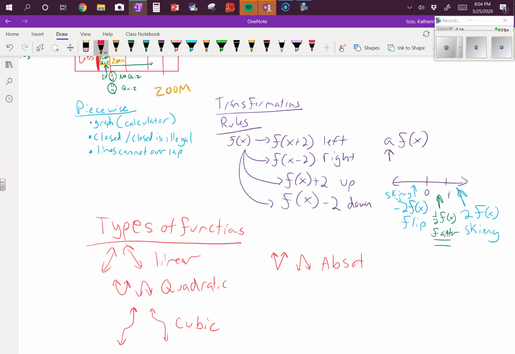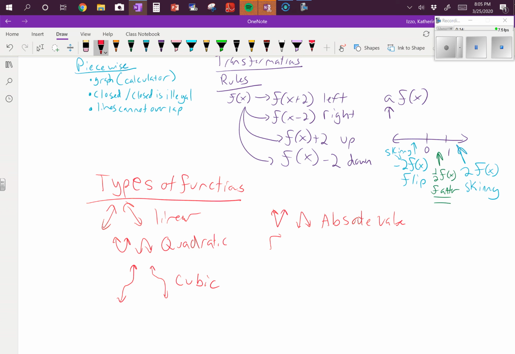Absolute value. Okay. We've got quadratic, we've got cubic, we've got absolute value. Do some square roots. Remember, the square roots look like this or look like that. We never did ones look like that, though. We're just going like this. This is what a square root looks like.